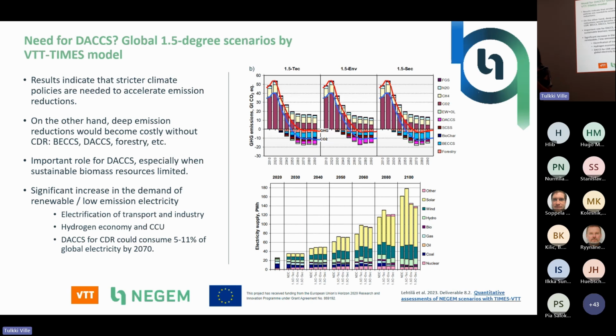And this is a modeling made by cost optimization models, so it shouldn't be taken as a forecast of the future, but it can give us a scale of the solutions needed. So on the upper figure here, you can see how the emissions should be cut down. We have 3 different scenarios, one focusing on technological development, the second one focusing on environmental constraints, and the third one focusing on security.